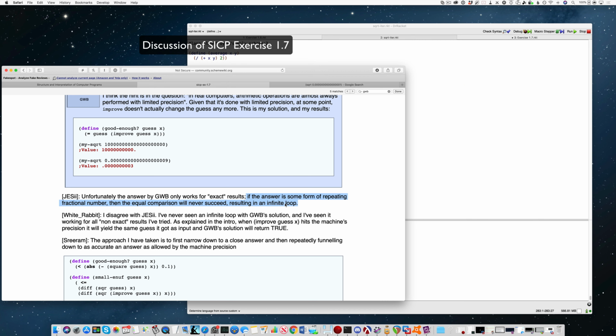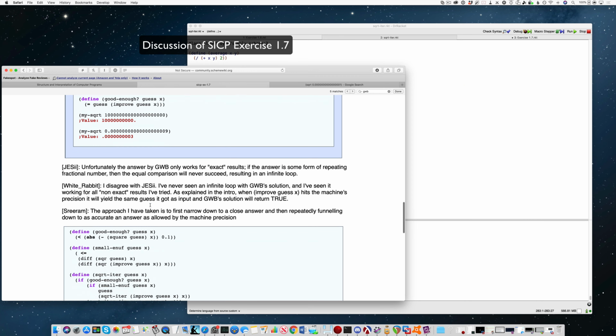And then somebody replies that they disagree with this: when improved guess hits the machine's precision, it will yield the same guess it got as input. Right, so you're basically going up to the machine's precision limit, which again, like I said, I'd be concerned about maybe taking too long, but I don't see why it wouldn't work.